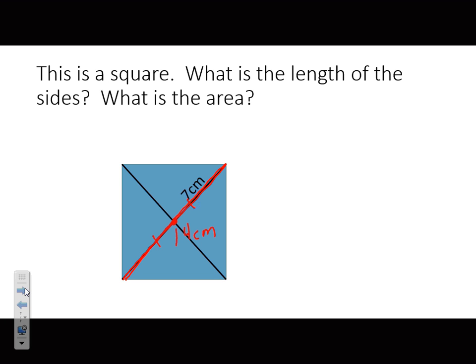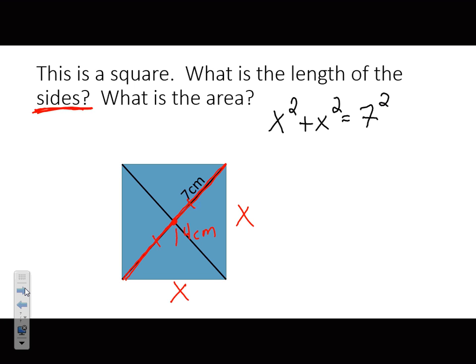Our first goal is to figure out what the length of one side is. And we also know, since it's a square, that all sides are the same, so I can call this side x and this side x. Now, if we think back to the last chapter, we can use the Pythagorean theorem, which is x squared plus x squared is going to equal 7 squared.